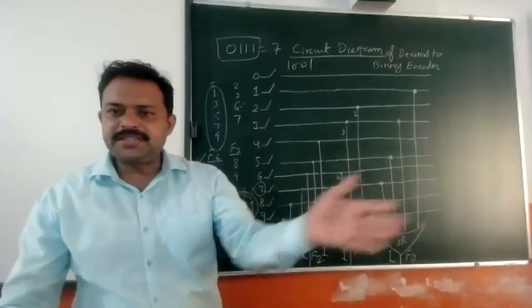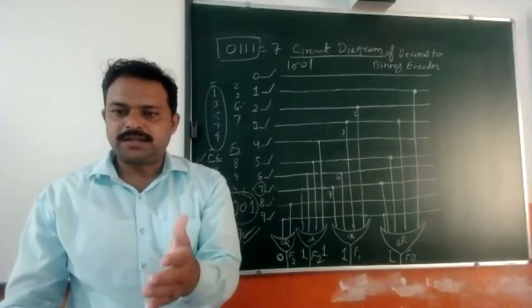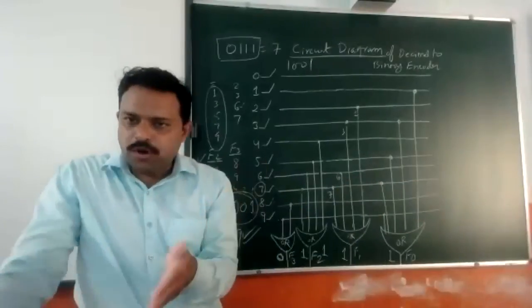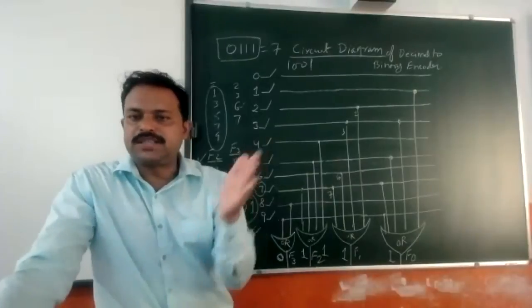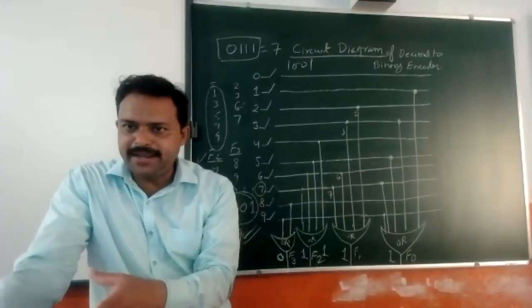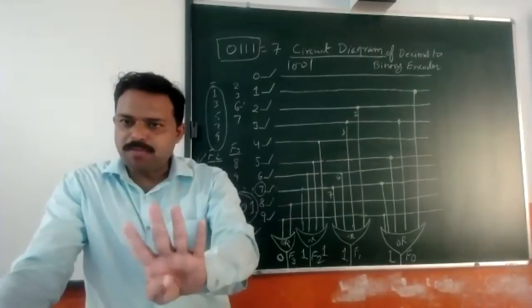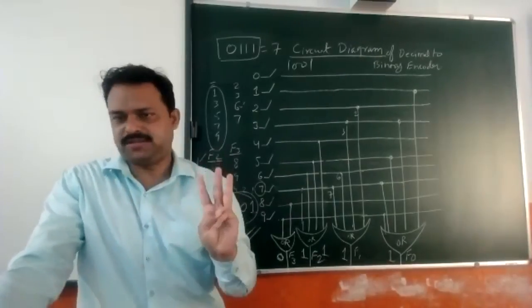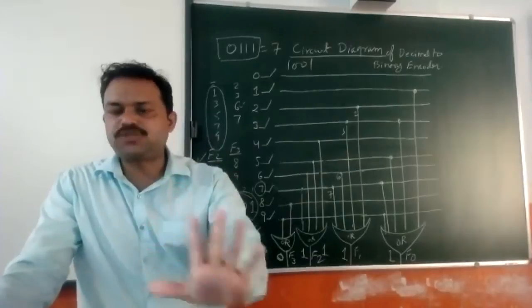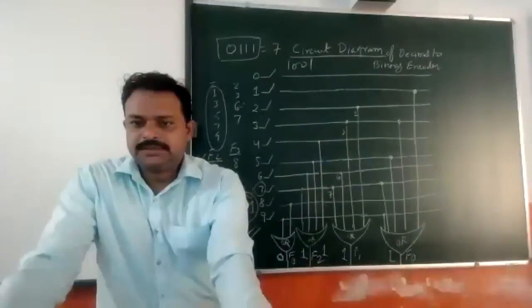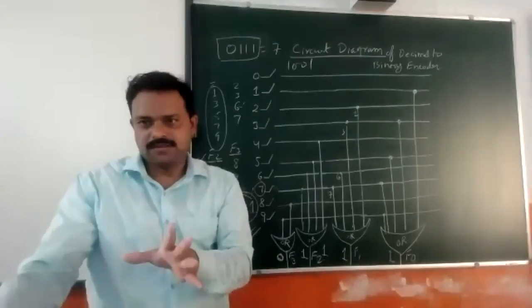If you look at the previous year's papers, you will see the question has been asked: What is an encoder? Draw the circuit diagram of the encoder, decimal to binary, and explain its working process. Maybe of 4 marks, or maybe of 3 marks. A question comes from this topic. This is fixed.